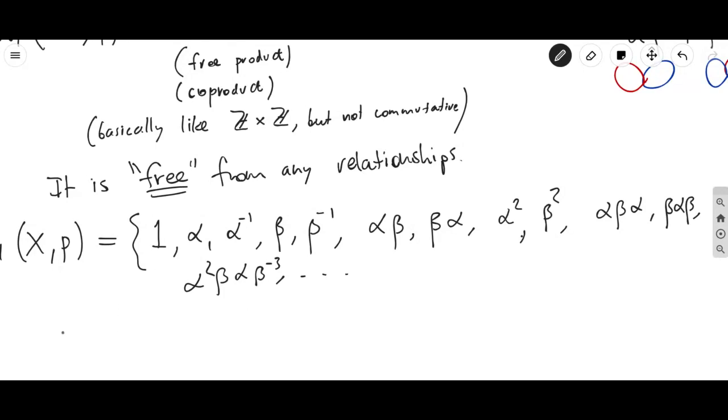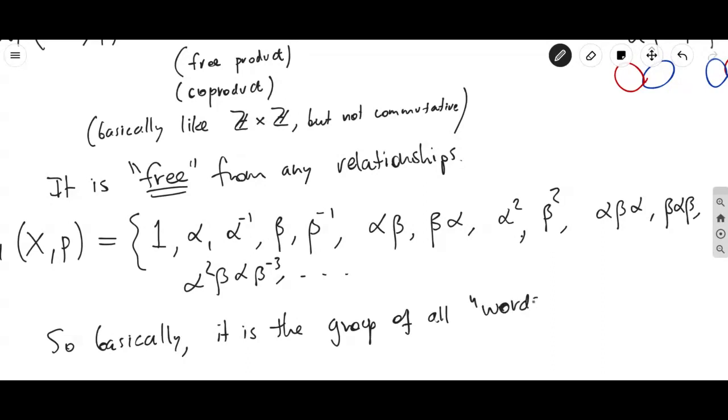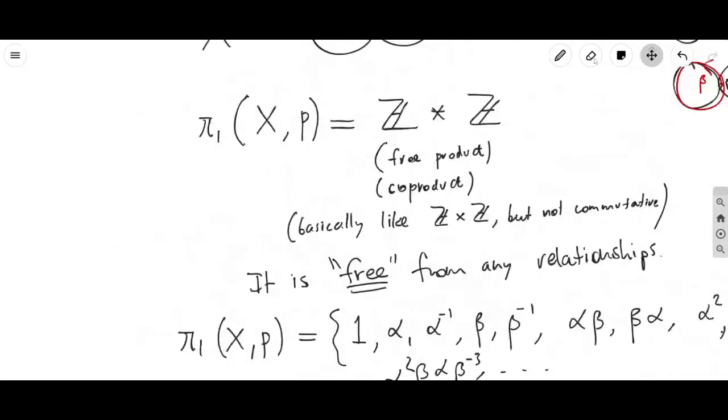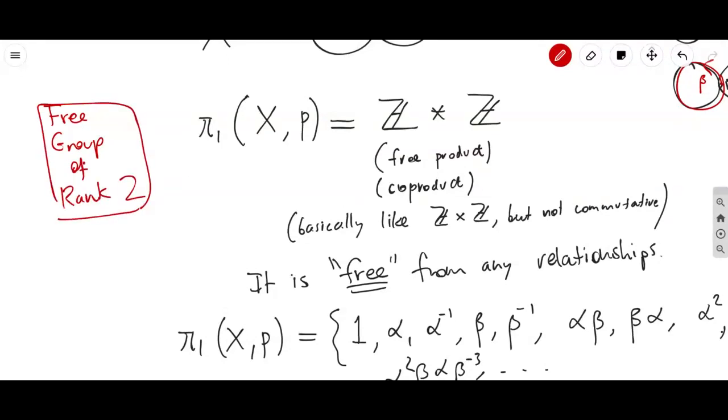So essentially, it is the group of all words using alpha and beta. And once you write down a word, there's no other way you can write down a word. That's why it's called free. So if you've never seen this before, the name of this group is the free group of rank 2.